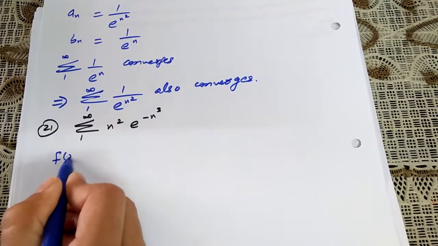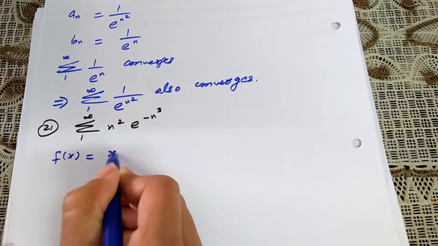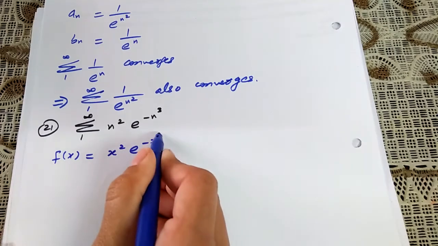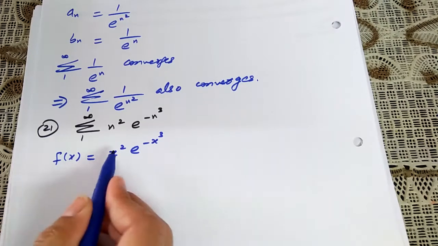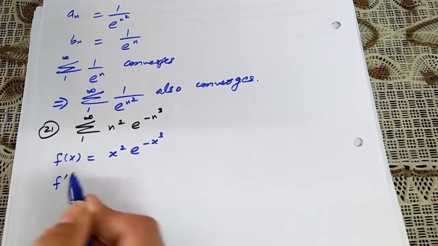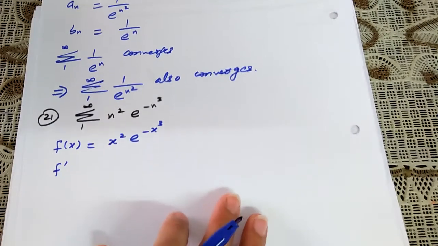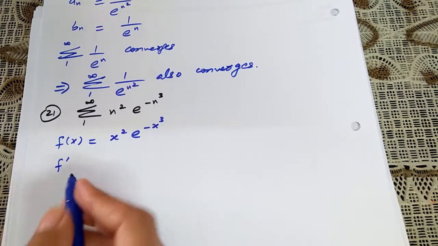Our f of x here is x square e raised to power minus x cube. You can write it like f of n as well, but I am using f of x. Now for checking the increasing or decreasing function, you use the first derivative test.